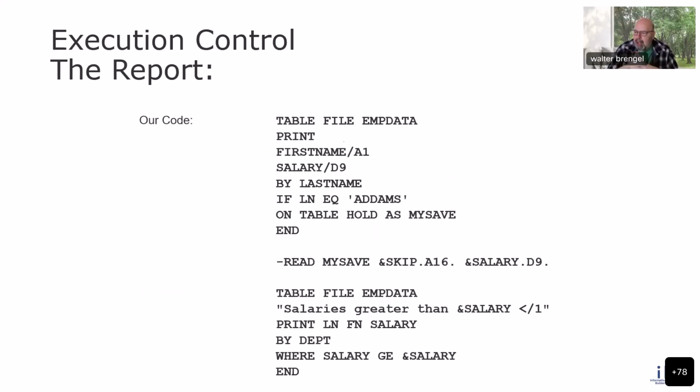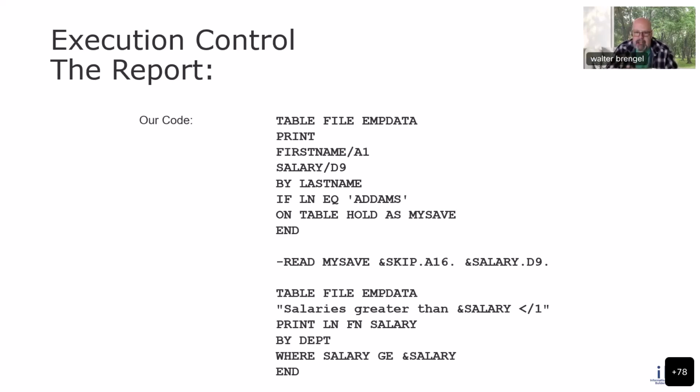So here we're going to table file emp data, where we're going to print the first name, and we're going to reformat it and only print the first character. We're going to do salary. It's going to be by last name. If last name is equal to Adams, because Adams also makes that particular salary we're looking for. And we're going to put it to a hold file called mySave.